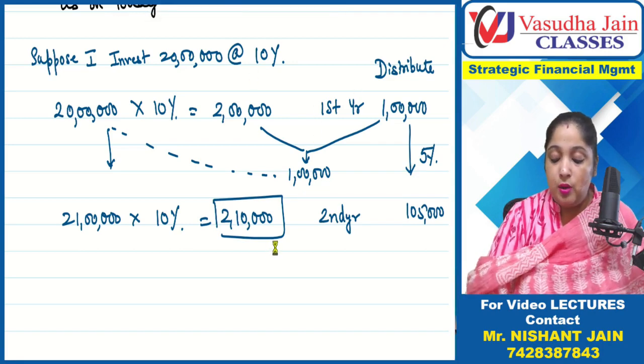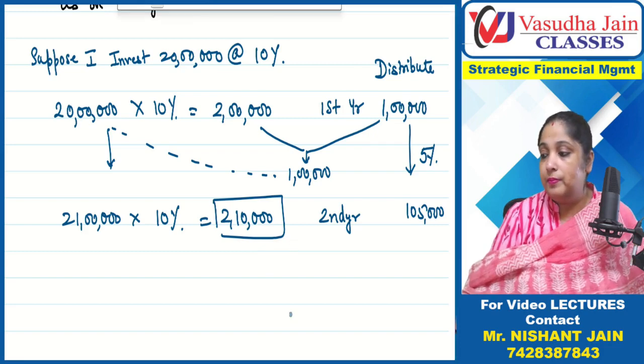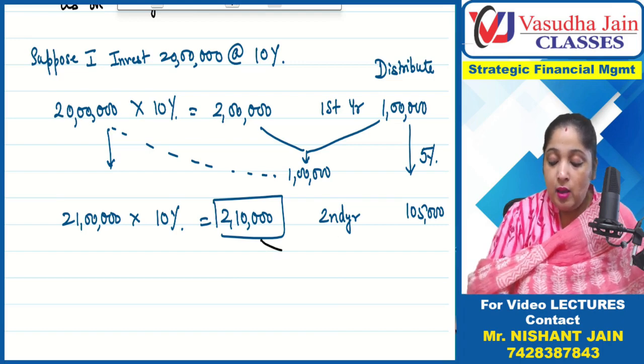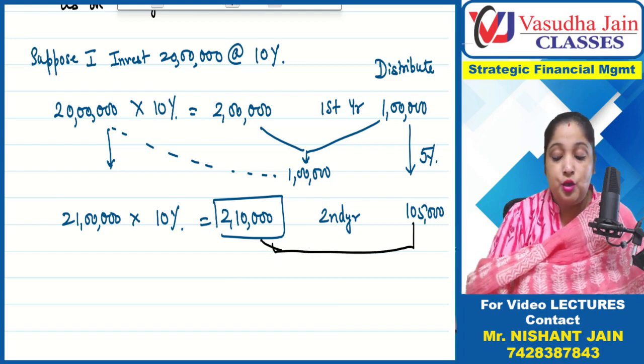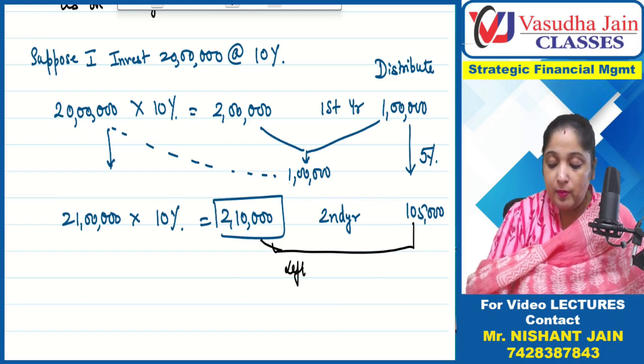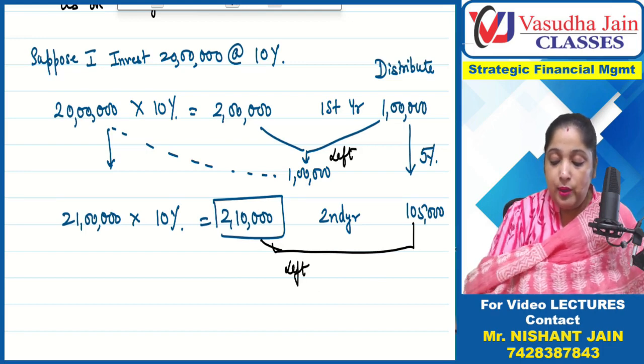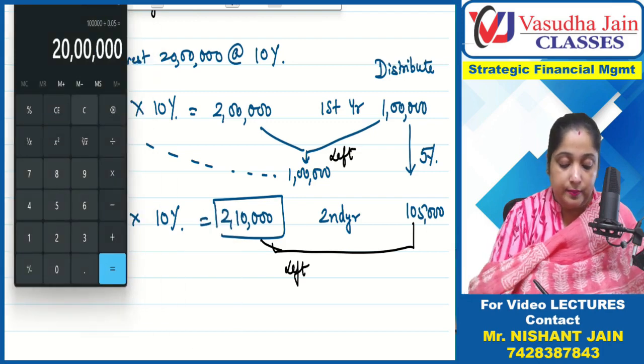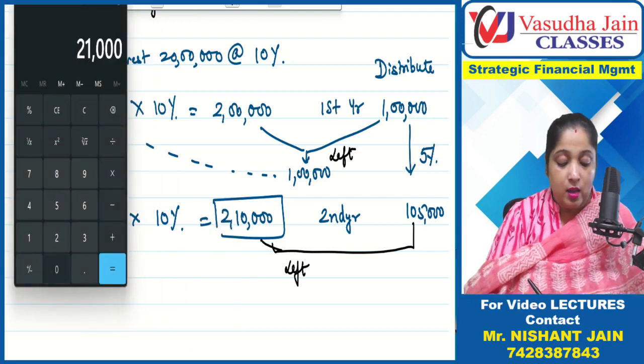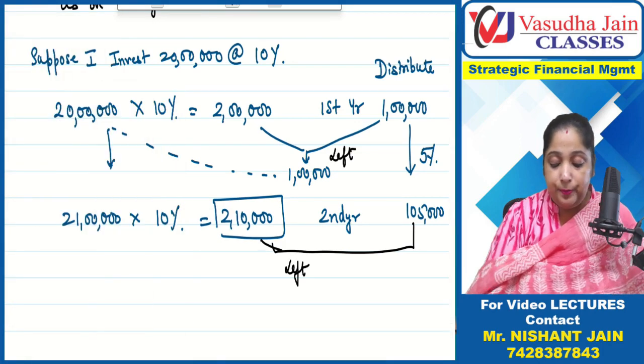So how much is left? Out of 2 lakh 10,000 bank earned on your money, but it gave you only 1 lakh 5,000. So that means 1 lakh 5,000 is left.